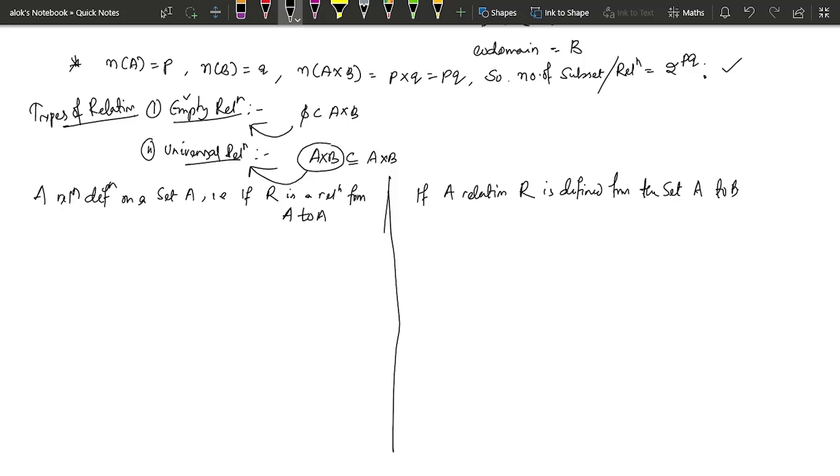So first we consider the relation defined on a set. This type of relation is classified into three categories: one is reflexive, second is symmetric, and third is transitive.